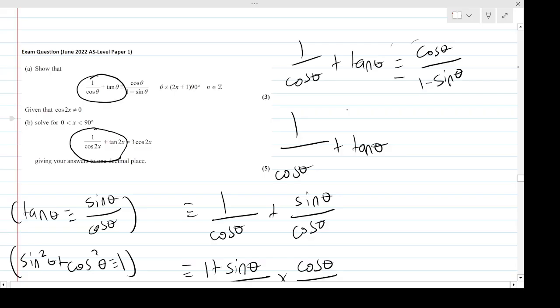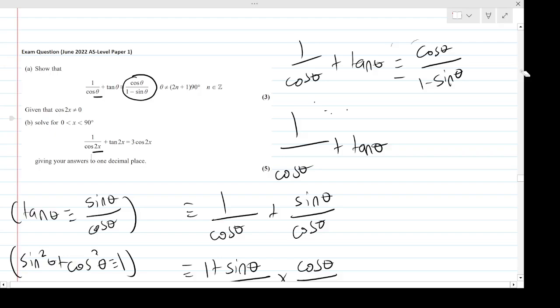Again, a very common strategy: you were asked to prove an identity in the first part, and then you got that same expression in part B. Well, we can substitute that in, because we know 1 over cos theta plus tan theta is also the same as cos over 1 minus sine. That's what we've just proven. But our angle now is not theta, it's 2x.